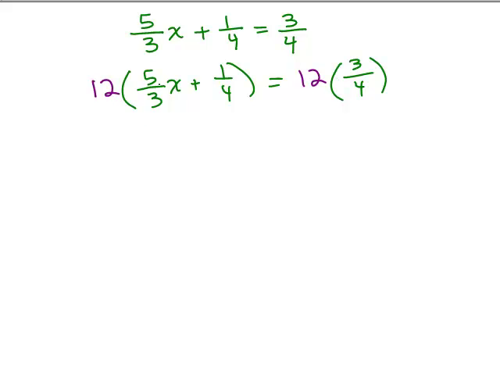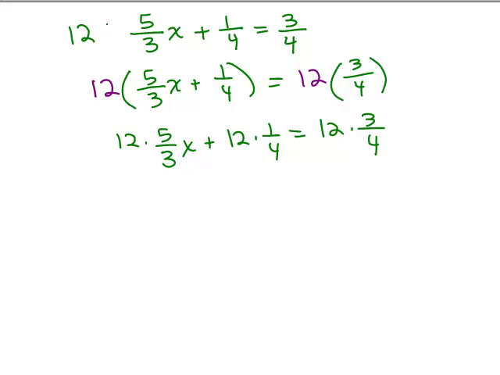And then when you do the distributive property, it looks exactly the same as I did it. 12 times 5/3 x plus 12 times 1/4 equals 12 times 3/4. So if it's easier for you to actually write it like that, as opposed to the way I did it, remember how I did it? I put a 12 out here with a bracket, and then I distributed the 12 all the way across. If it makes more sense for you to do it this way, go ahead. But the next step looks the same anyway. We're all going to have it look like that before we simplify.